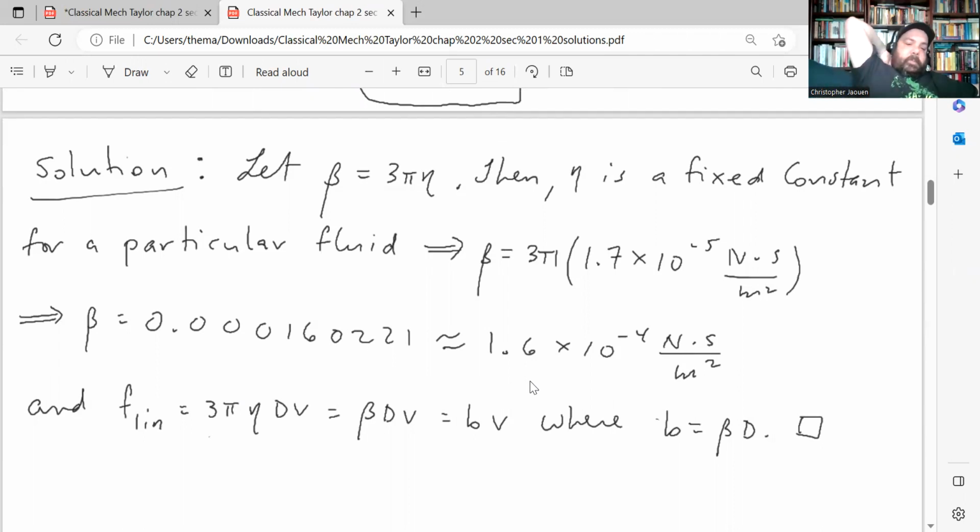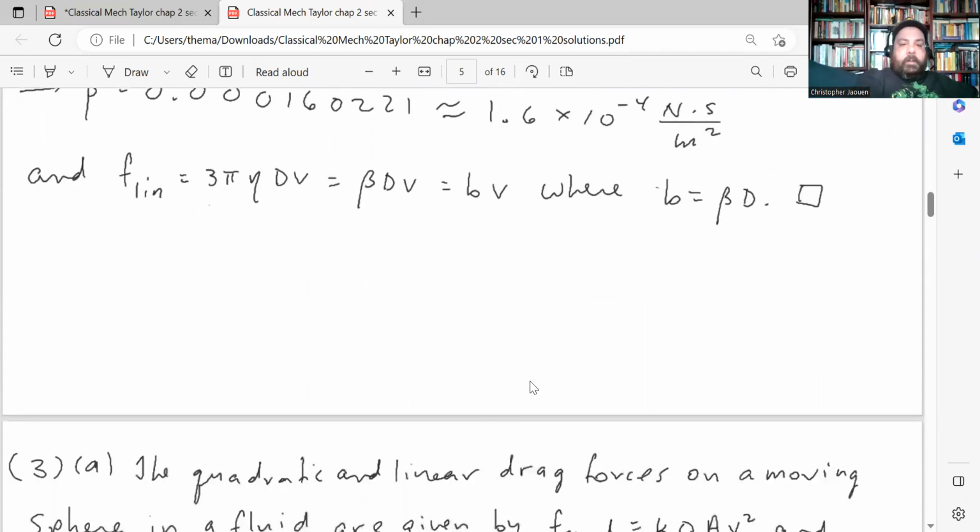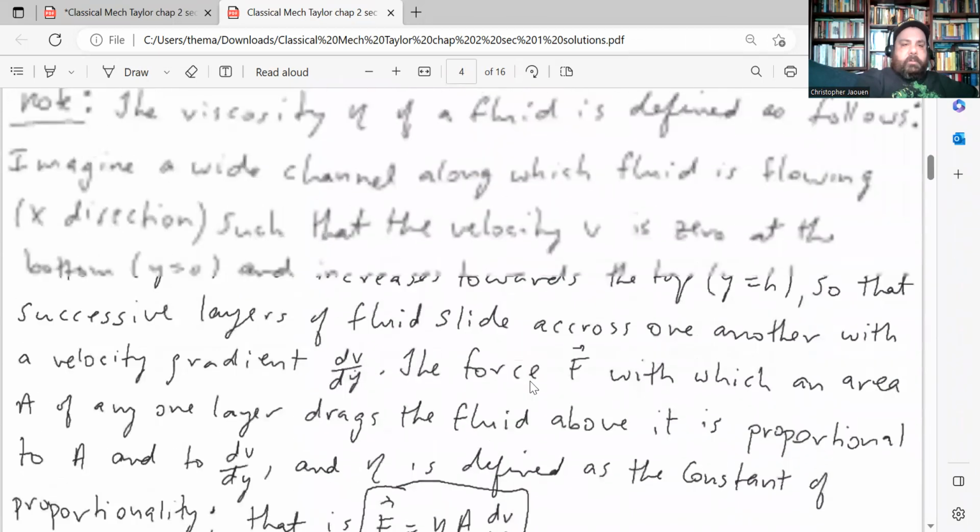Which means that the linear drag force is 3 pi eta dv, or in other words, that's the same thing as beta times d times v, which is the same thing as bv, where b is beta times d. So that's basically it. All right, that's question number 2.